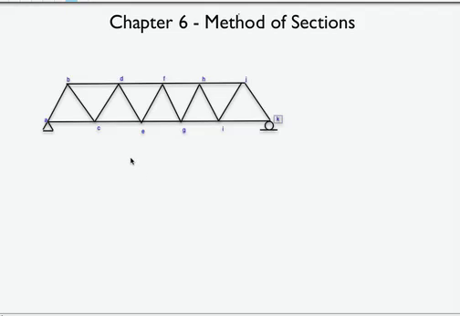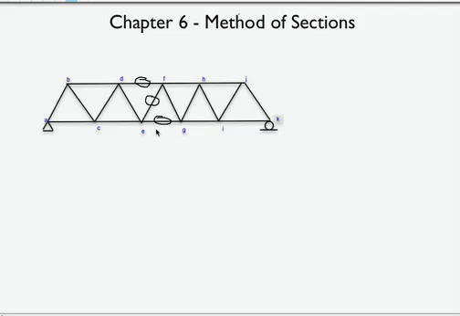So how do we work with this if we only really want three things? Let's say we've been asked to find the forces in this member, this member, and this member: DF, EF, and EG. Well, what do we do?